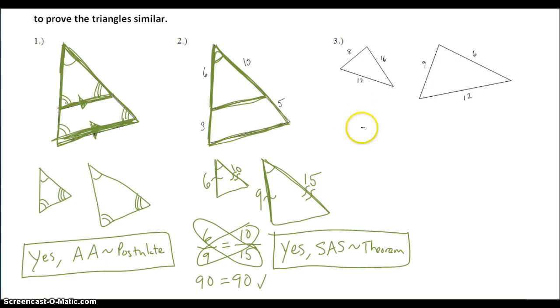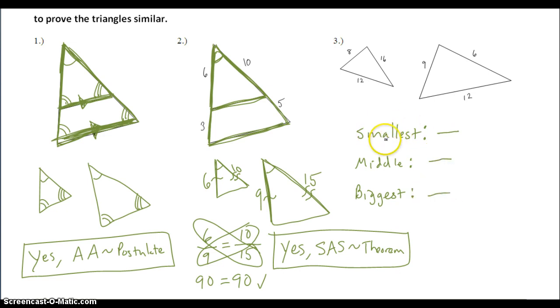To do that, I want to look at the smallest sides and the biggest sides and the middle sides, and I'm going to set up ratios for each one of those.